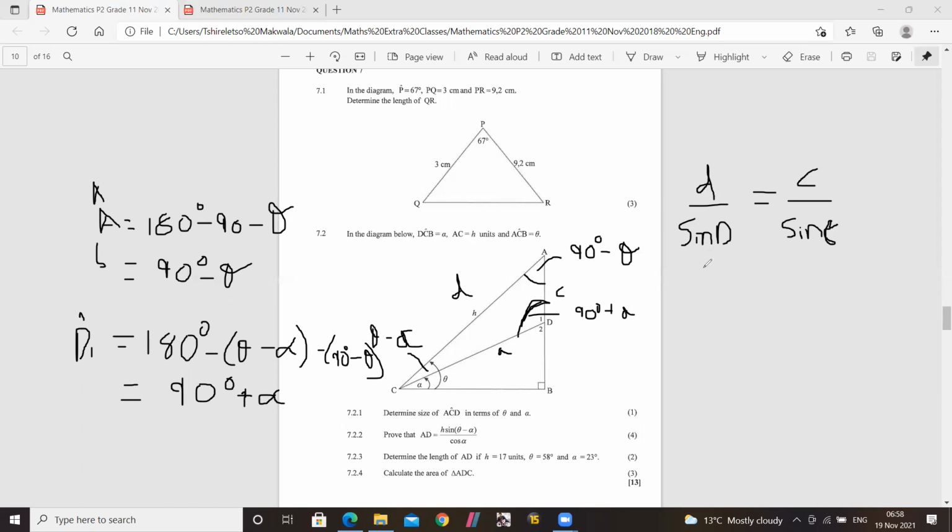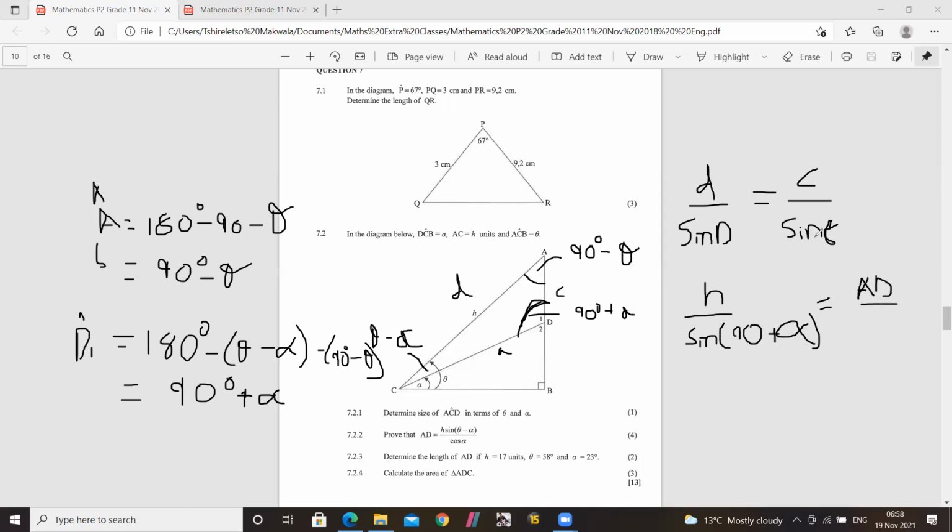Then D, we know that D is equal to H. Then sine D on A is 90 plus alpha. Then C is AD, right? So you can write AD here since that's what you want.